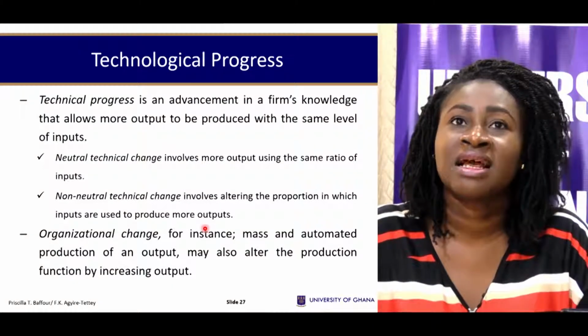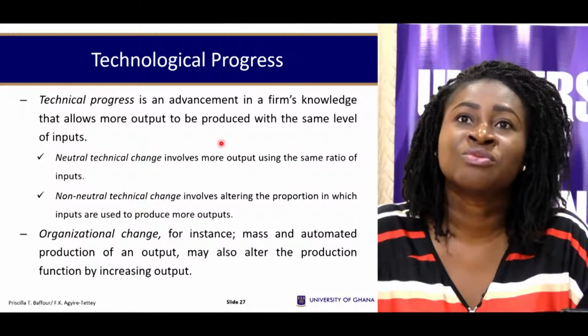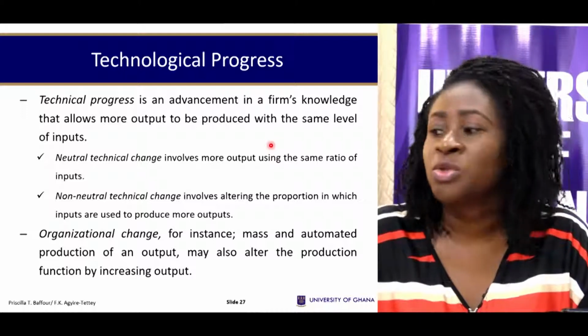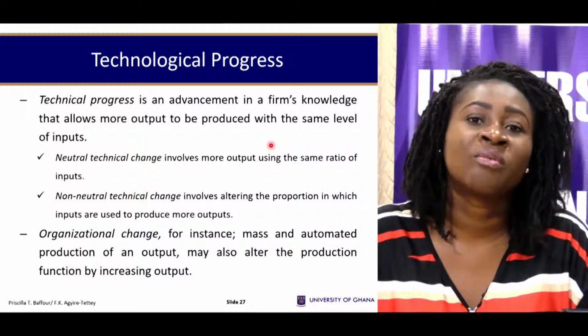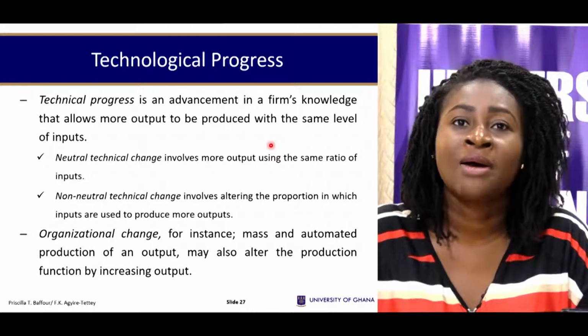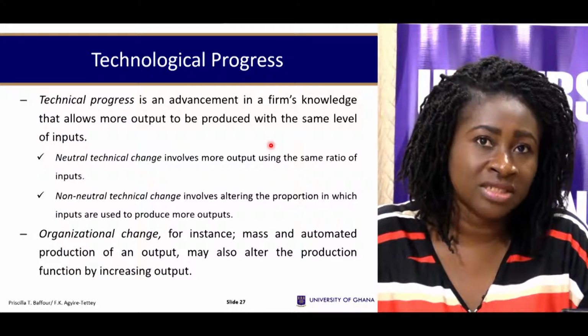Technical progress is an advancement in a firm's knowledge that allows more output to be produced from the same input, right? So when a firm is able to combine the same amount of labor and capital to produce more output, then there is an advancement in the technology that it is using.